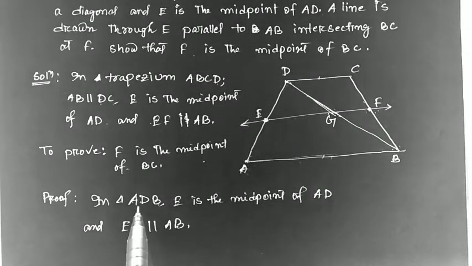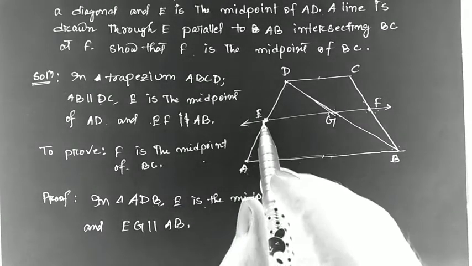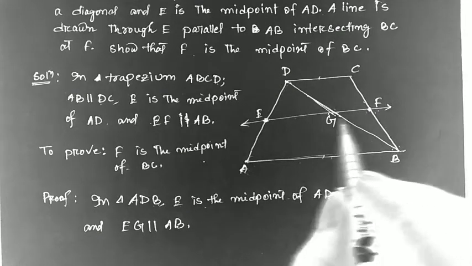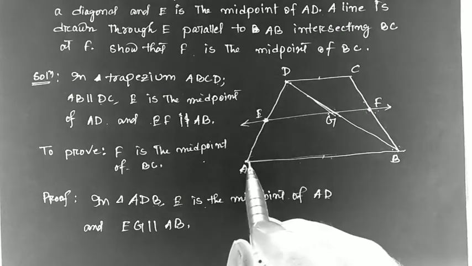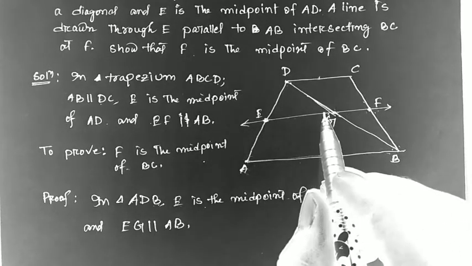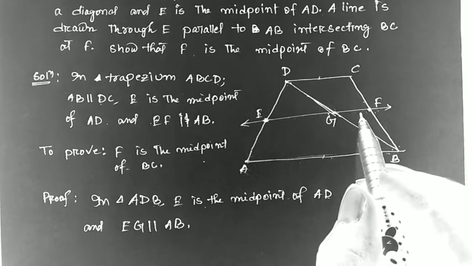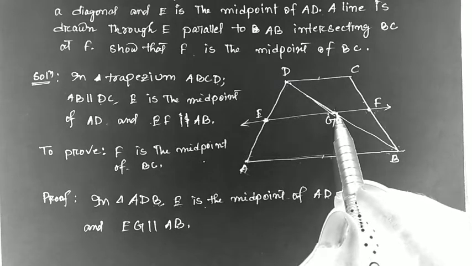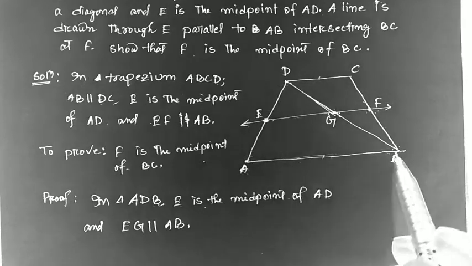So we can write in triangle ADB, E is the midpoint of AD. We know from the midpoint theorem that the line joining the midpoints of two sides of a triangle is parallel to the third side.